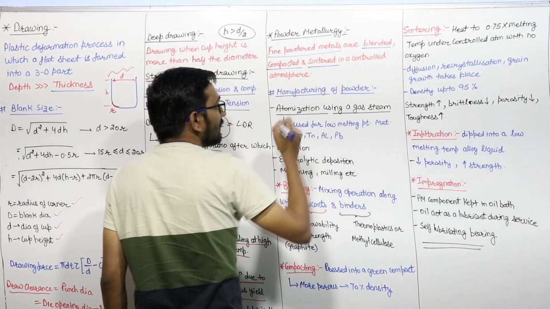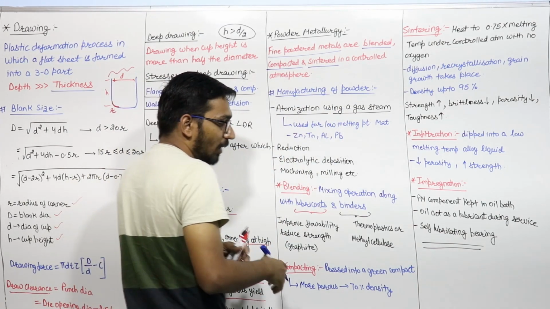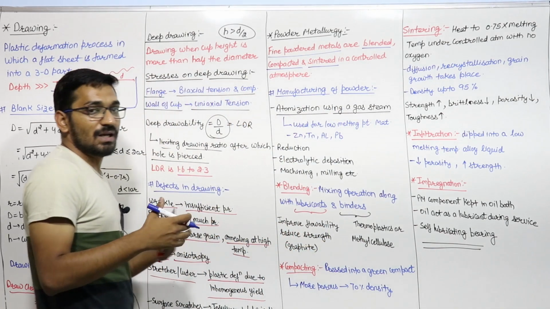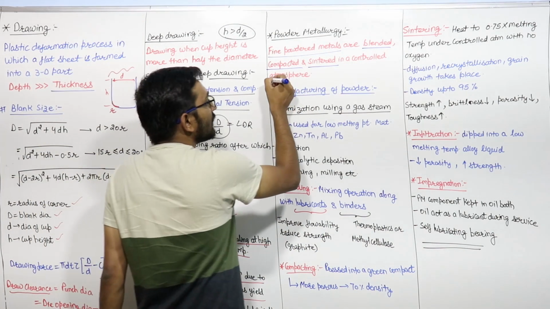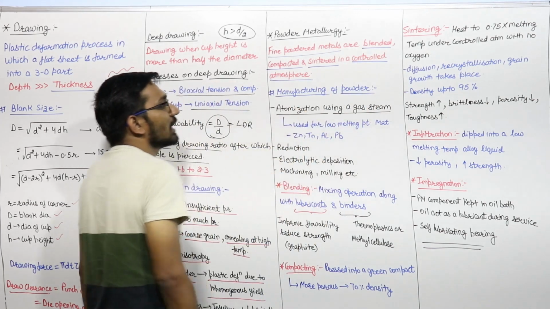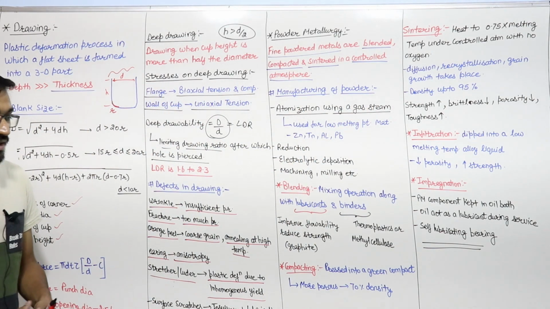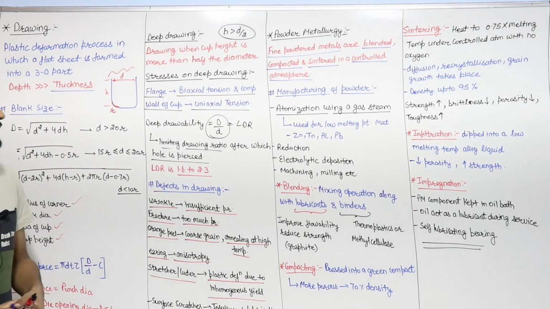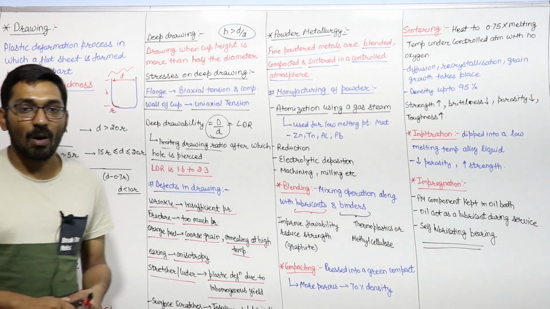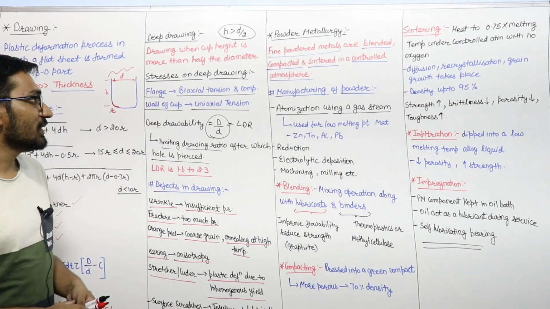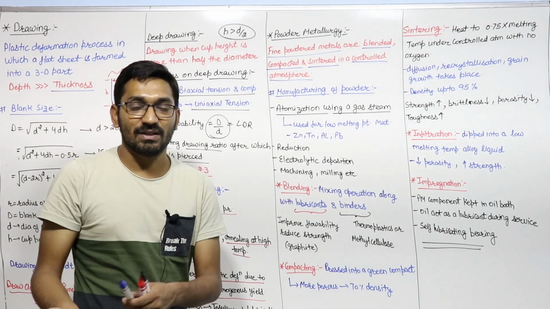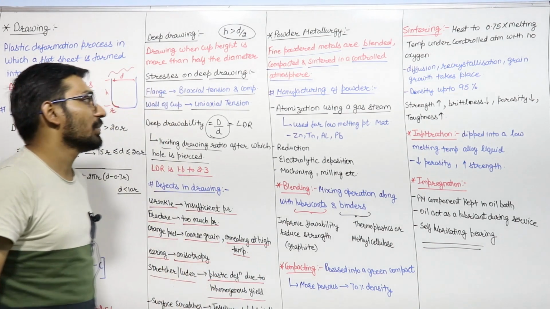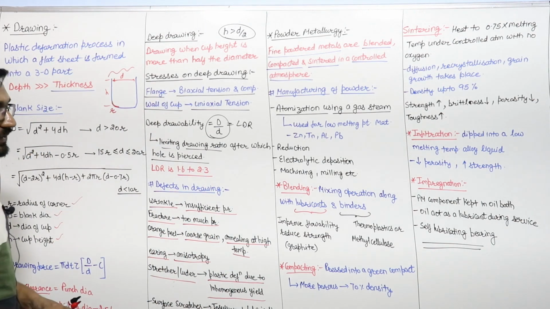Then it is sintered: we heat it so that bonds form and porosity decreases, in a controlled atmosphere, meaning no oxygen is present. That is powder metallurgy.